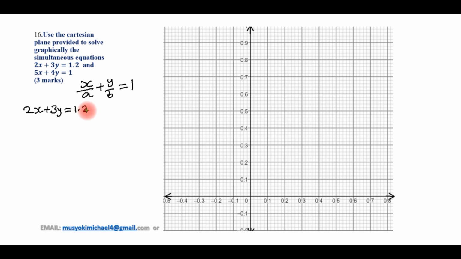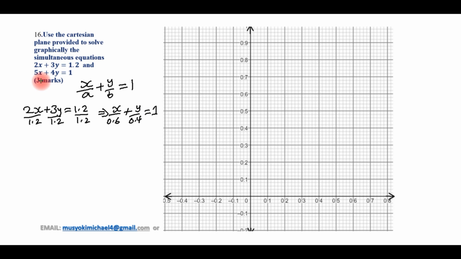Let me make the right hand side equal to 1, so I divide each term by 1.2. I will end up getting x over 0.6 plus 3y over 1.2, which is 1.2 divided by 3, that is 0.4. So that is y over 0.4 is equal to 1.